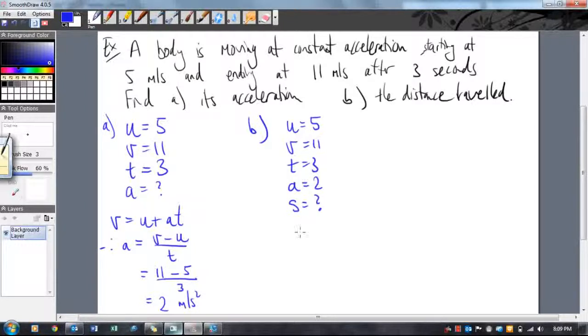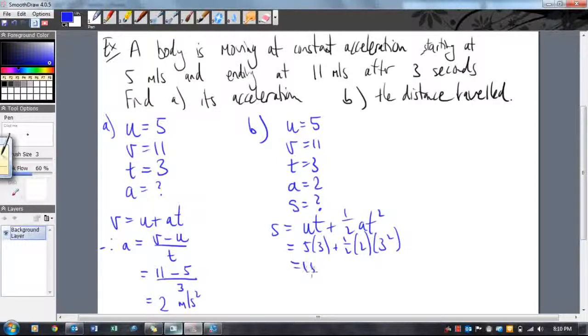Just to use a different one, I'll use s equals ut plus half at squared. That's 5 times 3, plus half, a is 2, t squared is 3 squared.